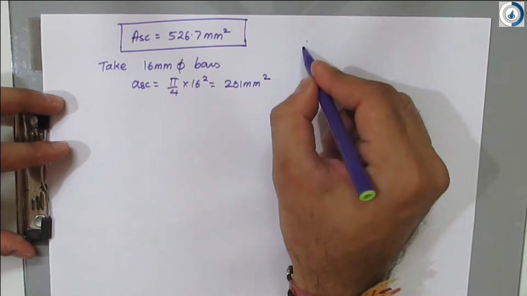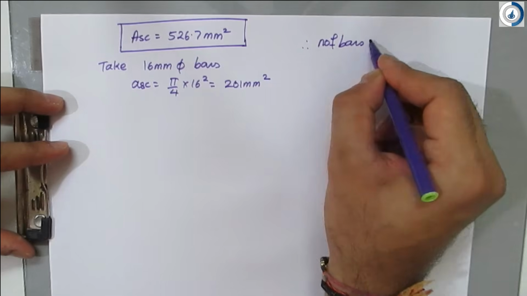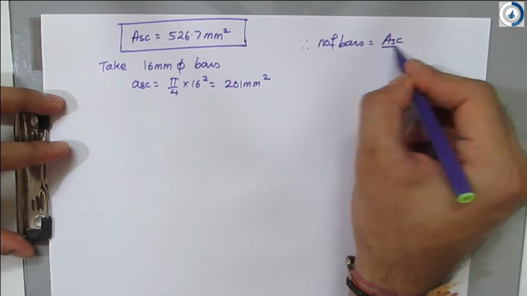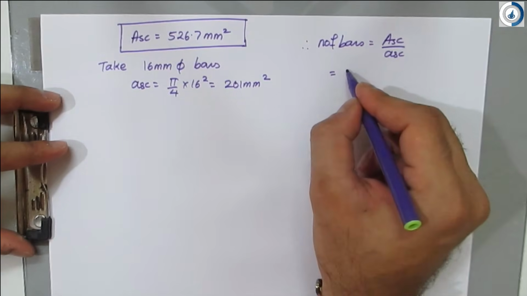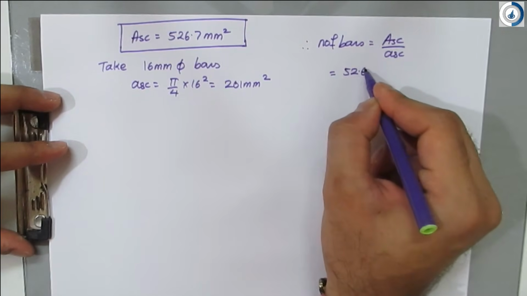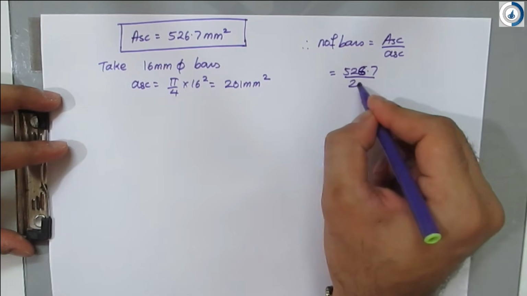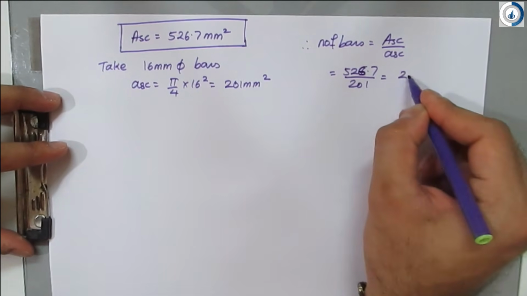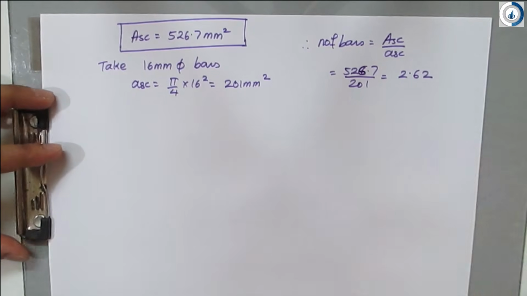Therefore, number of bars is equal to capital ASC divided by small ASC. So 526.7 divided by 201 comes out to be 2.62 bars. But 2.62 bars we cannot provide.